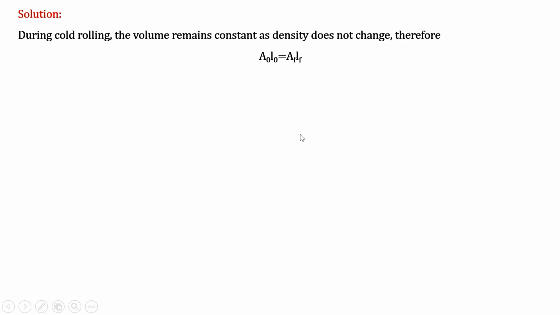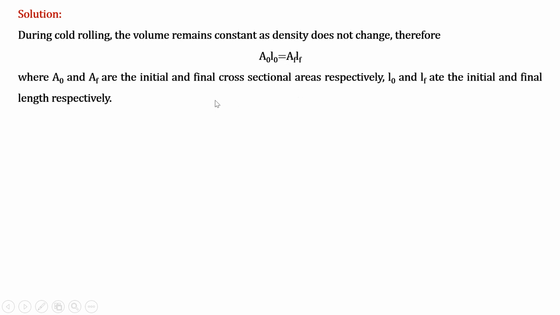So basically, during cold rolling, volume remains constant. Area into length is volume, right? So A0 and AF are the initial and final area, L0, LF are the initial and final length respectively. Given there is a 50 percentage reduction, we can say area final is equal to area initial by 2. And this area final, we will be substituting area initial by 2.